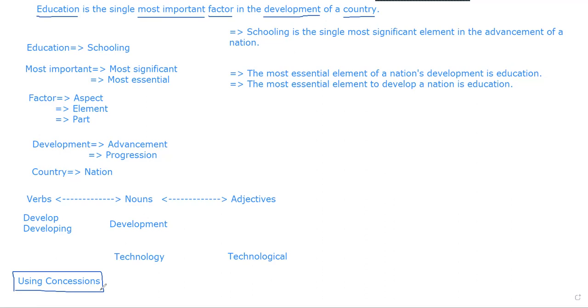Exactly. So when you use concession, that is going to show the examiner that the writer or the candidate has thought about the issue. He is looking at all of the possible sides of the issue, okay, of the question.